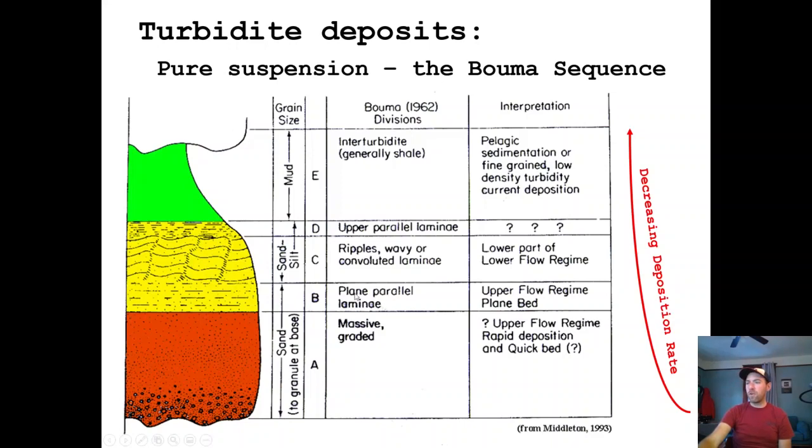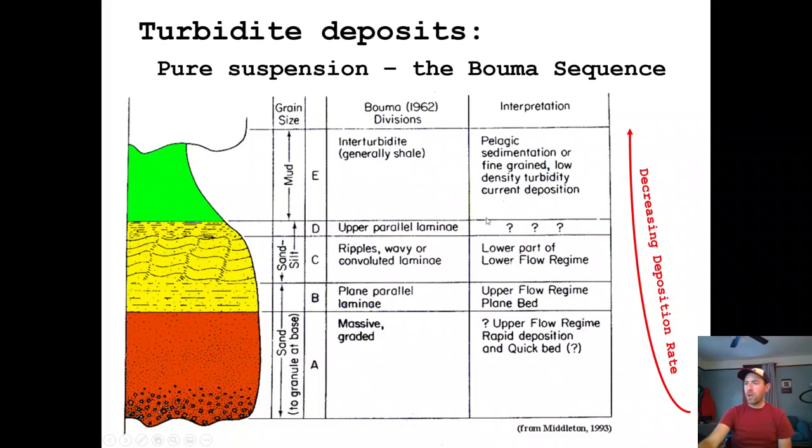And then as the flow evolves further, you get into the C bed, where you get sand and silt deposits that might be rippled, or they might have some sort of convoluted, sheared, down slope-ish laminations. So this would be referred to as C, as a C horizon or C bed. And this reflects the lower part of the lower flow regime, right? The rippled sands, low Froude conditions, low suspension number conditions, etc.